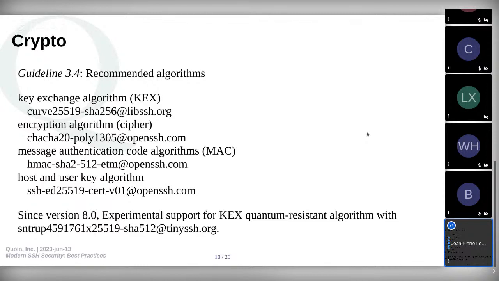And then for the really geeky folks, in the latest release, in the 8.0 family, they actually have a new algorithm that they claim is quantum resistant. A lot of the algorithms that are being used, especially the curve-based ones, the elliptic curve ones like 25519, are considered insecure against a quantum computing attack.